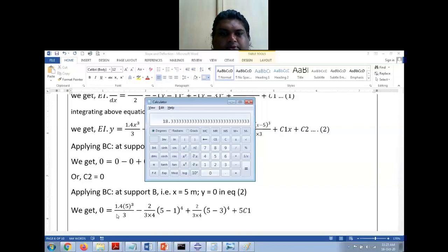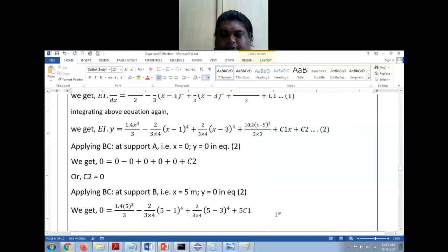So this quantity is 18.333. This goes on the other side, it will become minus 18.33, and divide this by 5. So C1 is 3.67, or C1 is equal to 3.67.